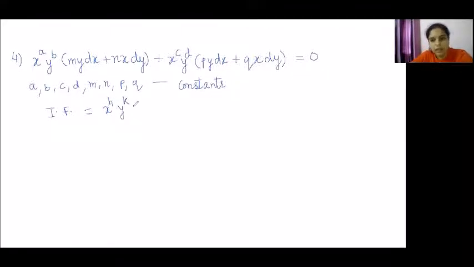Now what are these h and k? These h and k are chosen in such a manner that when we multiply this equation with this integrating factor x raised to power h, y raised to power k, this differential equation becomes exact. So this is the 4th rule.